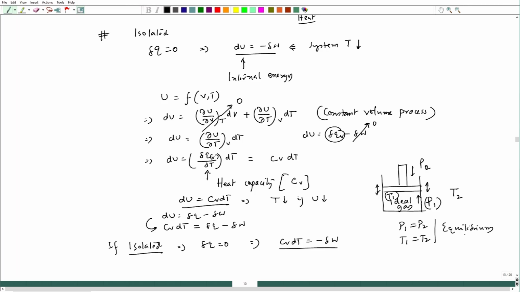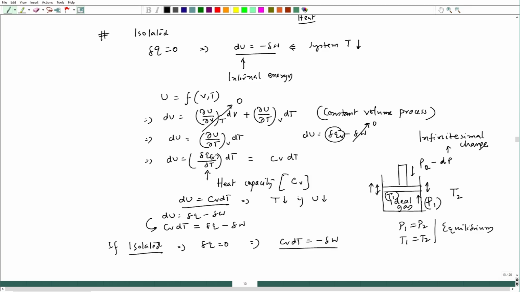Now, let us say I reduce this pressure by a small amount, and this small amount is infinitesimal. So, this is an infinitesimal change. That means extremely low change in pressure. So, pressure is reduced to some extent, and because of that there will be a small change in volume also.